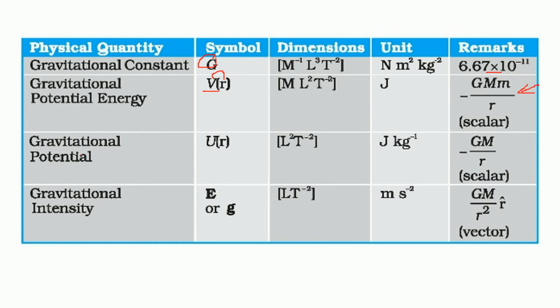The gravitational potential is given by −GM/r, which is a scalar, and because energy is in joules and this is a potential, it will be per mass, so joule per kg. The gravitational intensity, represented by capital E, or sometimes Eg, is given by GM/r², and we have a unit vector along this direction, so this is a vector.